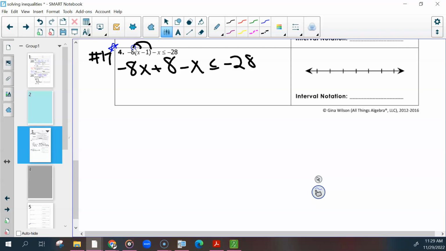And then combine like terms. So the negative 8x to negative x gives us negative 9x. Then we can start solving for x. Get rid of your 8. Subtract it to the other side.